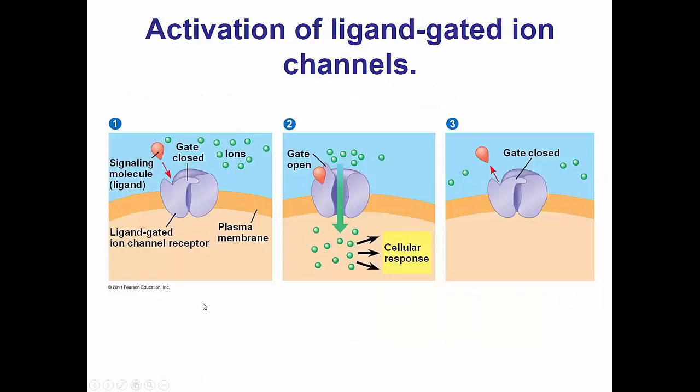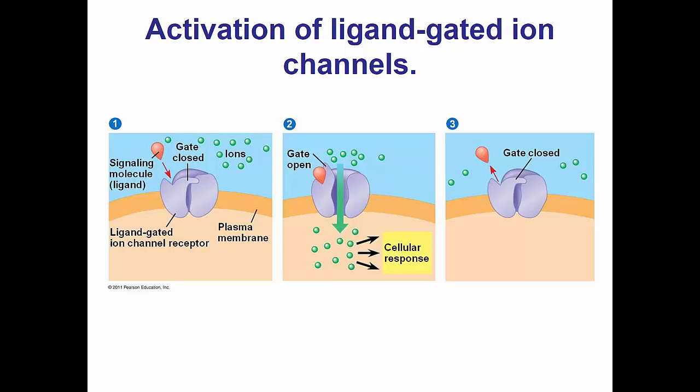So let's look at that a little more closely. Here you can see that under circumstances when we don't have our neurotransmitter bound, our gate is closed, so no ions can flow through. However, when the neurotransmitter binds, that opens the gate for this ion channel, and ions can then flow down their concentration gradient. This is an example of facilitated diffusion, which is a type of passive transport.